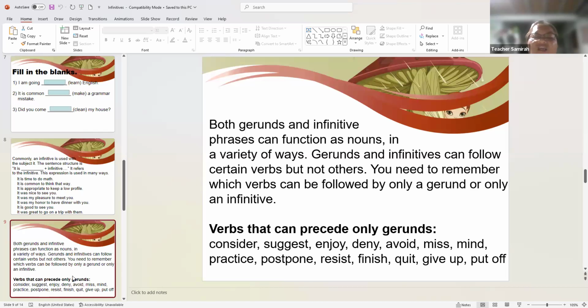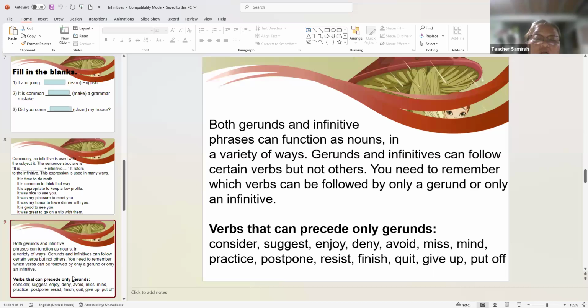Gerunds and infinitives can follow certain verbs but not others. There are specific verbs wherein both gerund and infinitive can follow, but not all verbs can be used beside gerunds and infinitives. You need to remember which verbs can be followed by only a gerund or only an infinitive.